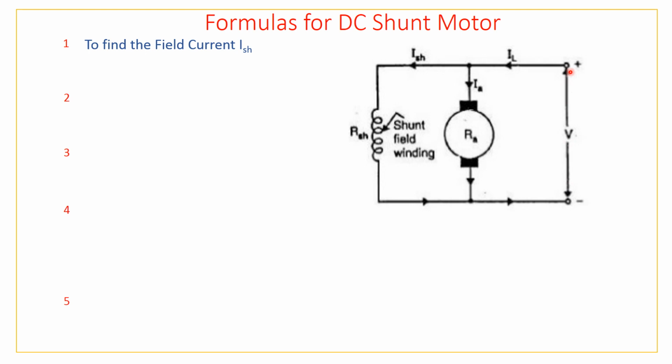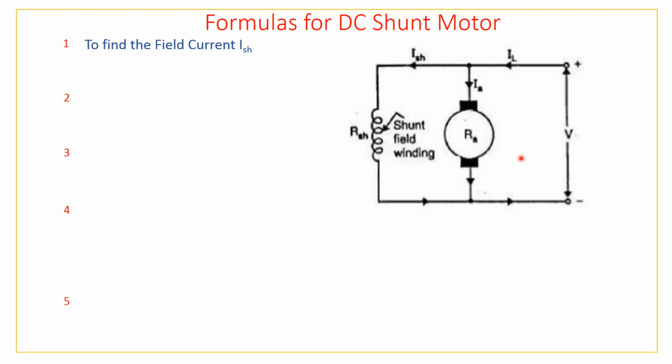The supply voltage is fed across the motor, and this voltage will remain the same across the armature as well as the field. Therefore this shunt field resistance RSH can be found if we know ISH and V.